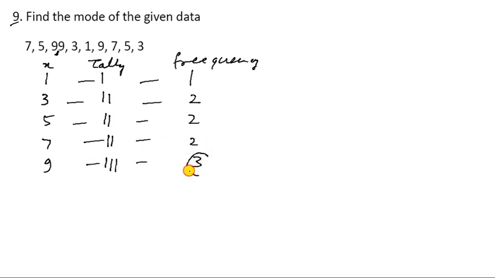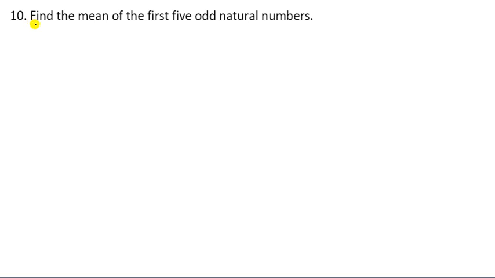So the frequency of this is 1, and this frequency is only 2, and this one is also 2, and this has 3. The maximum frequency is 3, that means that number comes the maximum number of times.